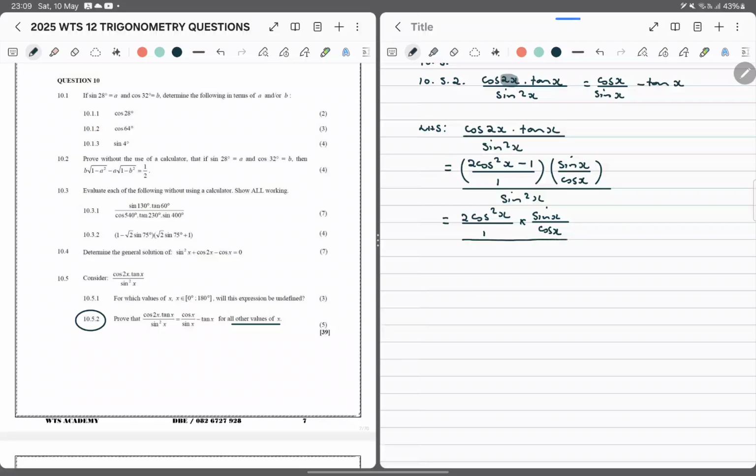All of this, guys, so I'm going to do a complex thing now. Once we FOIL it out, we divide by sine squared x. Then the next one is going to be minus sine x over cos x, all of this divided by sine squared x.